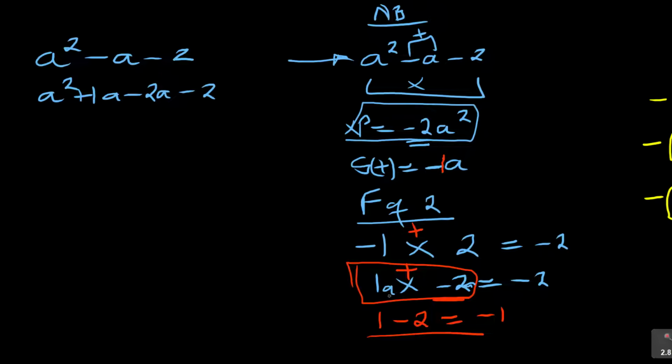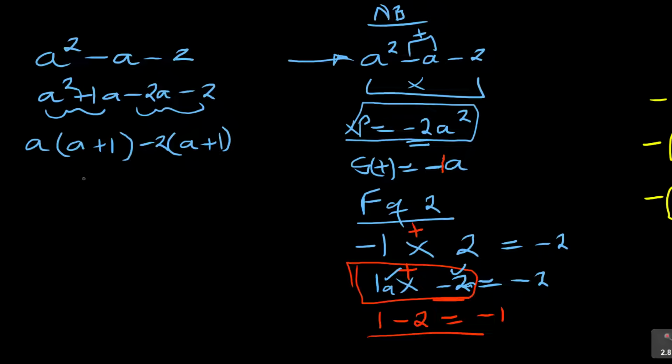I just took that 1 and minus 2. You factorize by grouping the first 2 and the second 2. What is common in a squared plus a is a, which gives a plus 1. And the second one is minus 2, and then a plus 1.